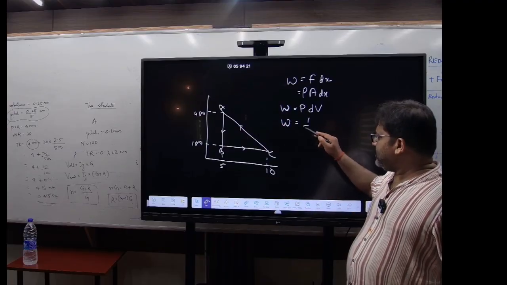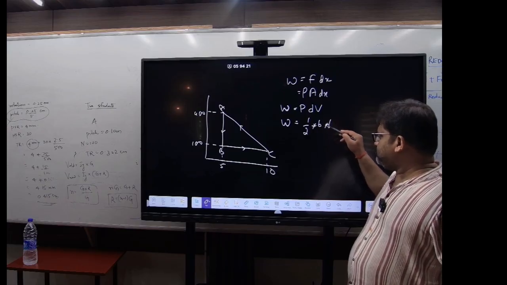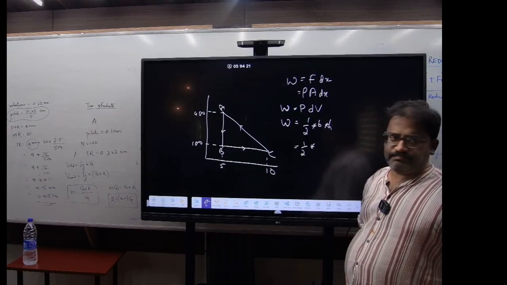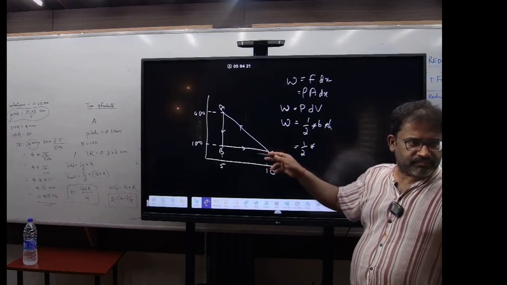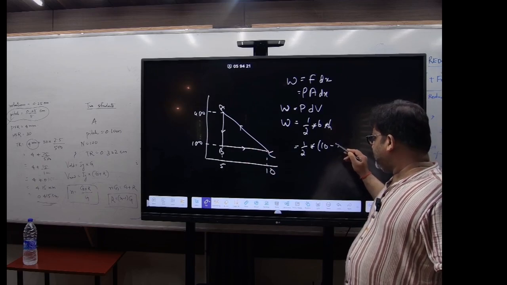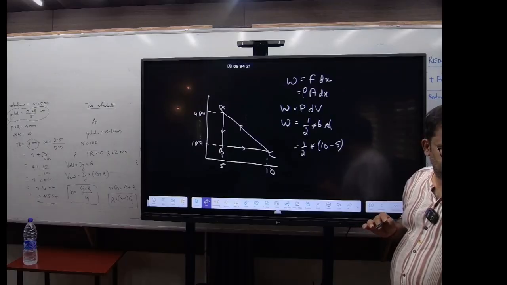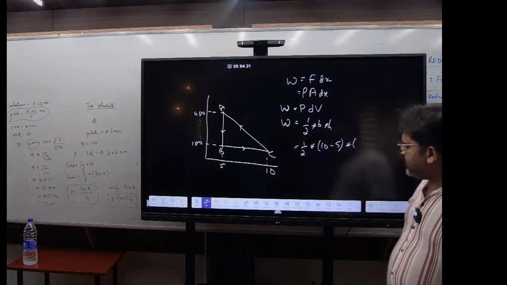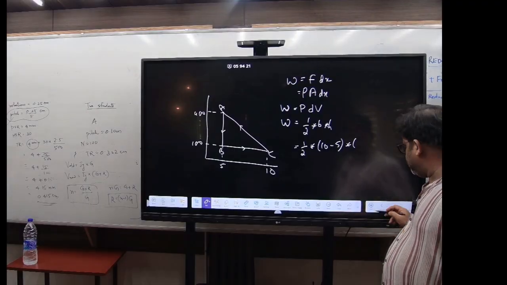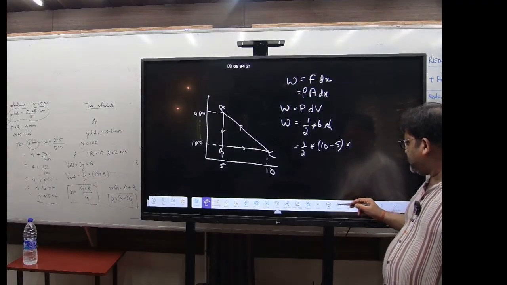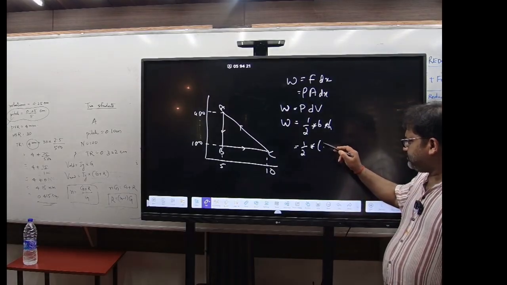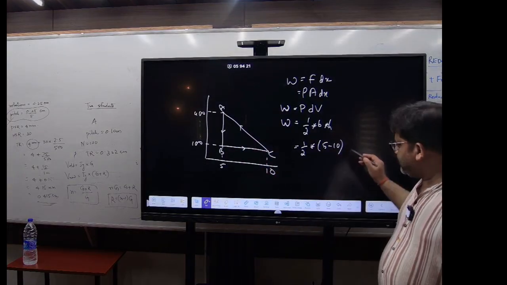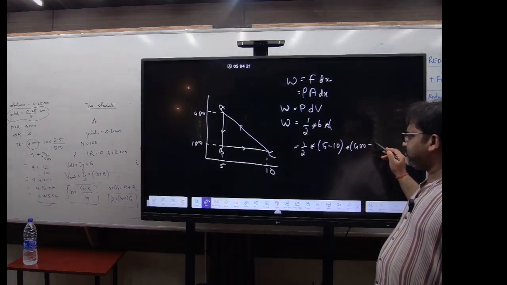that is nothing but half into base into height. So half will remain as it is. What is base? Base is nothing but 10 minus 5, into height. Before getting into the next part, here unfortunately this becomes 5 minus 10, because the volume decreases, into 400 minus 100.